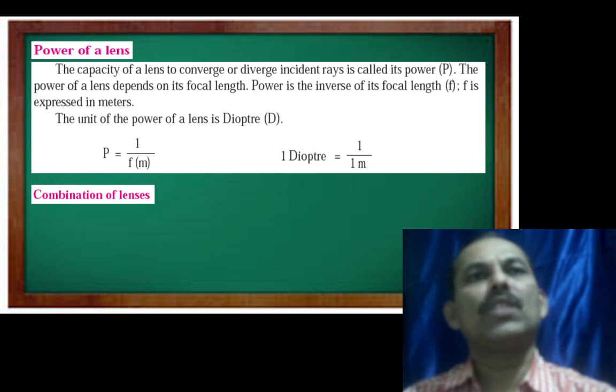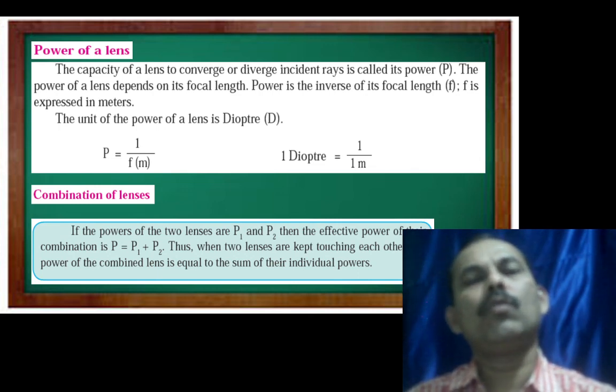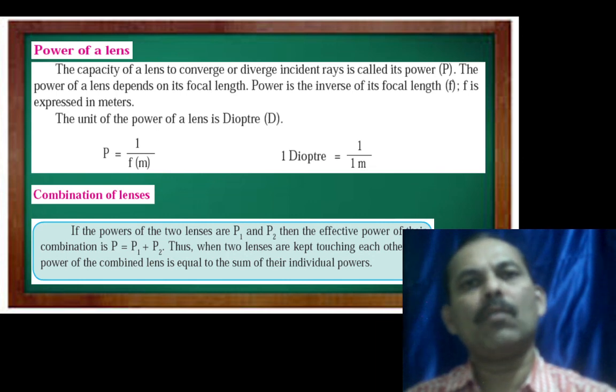Then what is a combination of lenses? If the powers of the two lenses are P1 and P2, then the effective power of their combination is P equals P1 plus P2. This means when two lenses are kept touching each other, the power of the combined lens is equal to the sum of their individual powers.